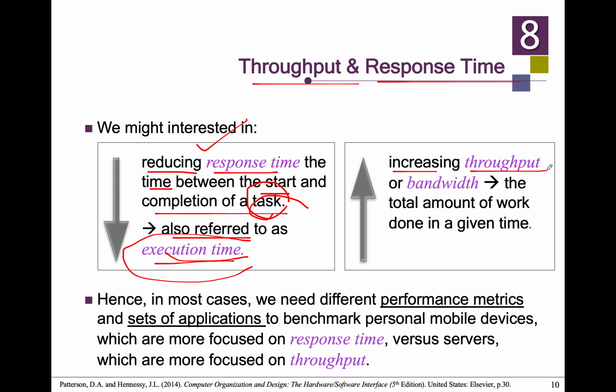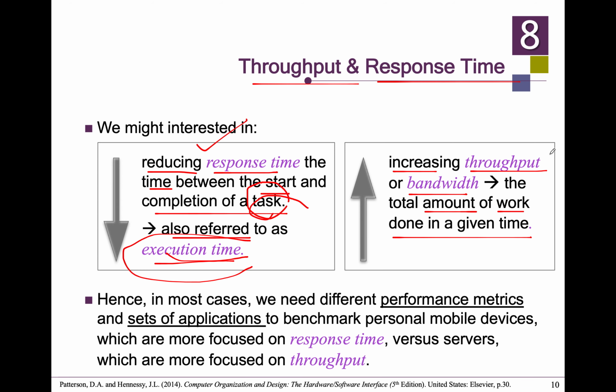Increasing throughput or bandwidth, the total amount of work done in a given time. So let's say maybe you can do parallel work together, and then you can finish it. So your throughput and bandwidth can help you give many outputs in a short time.